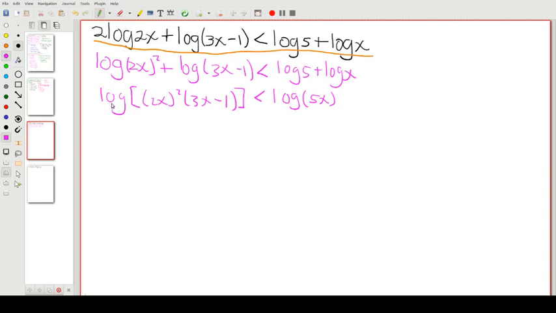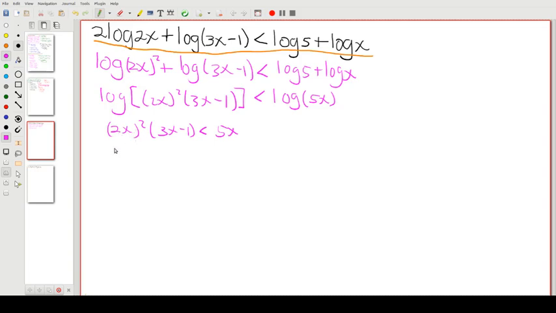Now that we've got a single log on both sides with the same base, base 10 for both, we can ignore, in inverted commas, the logs. So the left hand side, 2x squared times 3x minus 1, is less than 5x.